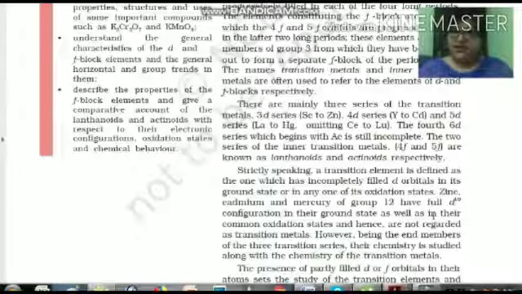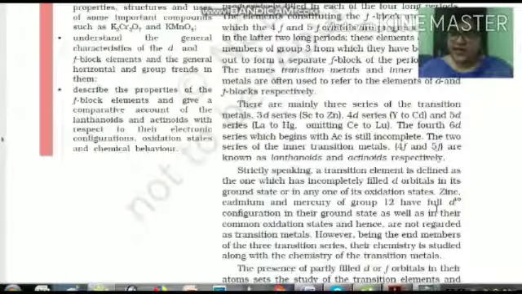If I talk about the oxidation state, zinc has the common oxidation state Zn2+. You all know the configuration of zinc, atomic number 30: it is 3d10 4s2. In Zn2+, 2 electrons have been removed from the 4s orbital and it becomes 3d10. The same happens in cadmium as well as mercury.